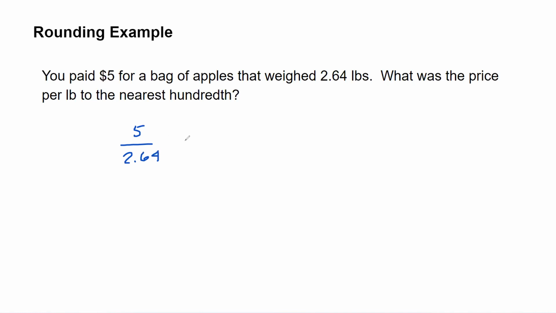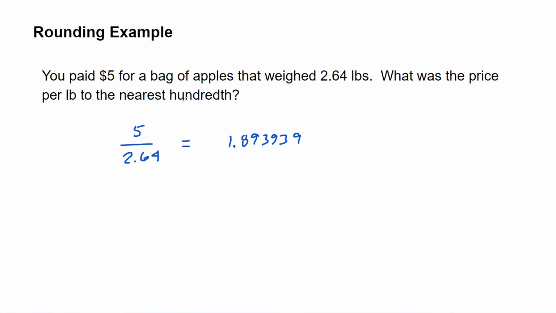That's how we find price per pound or dollars per pound. When we do that, I get 1.893939 in the calculator. So this isn't normally the way we would communicate a price per pound. So it's a perfect example of the need to round.